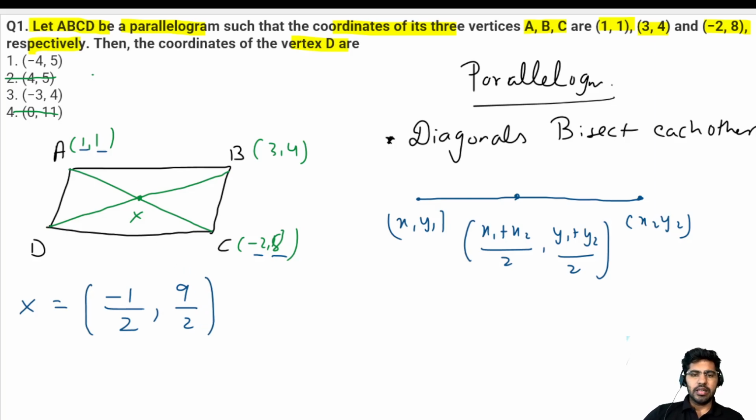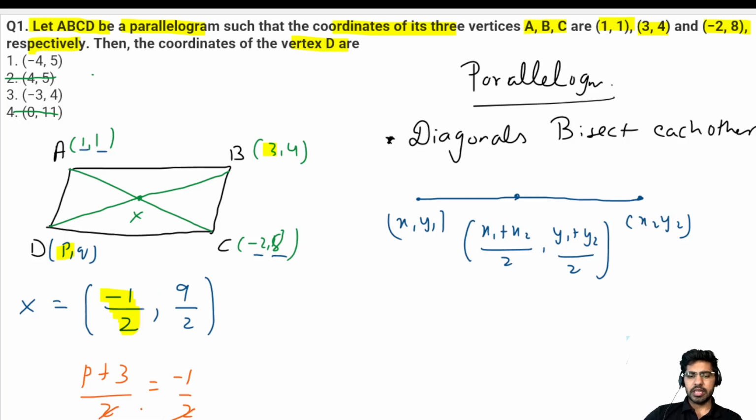Now let us assume that the coordinates of point D are (P, Q). We know the coordinates of X, the midpoint. So what I can say here is (P + 3)/2, that is (x1 + x2)/2, should be equal to this x coordinate, -1/2.